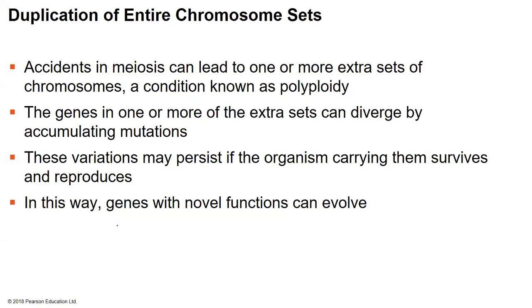So during meiosis, you have a cell that is diploid, which undergoes meiosis 1, and 2 diploid cells are generated after meiosis 1.